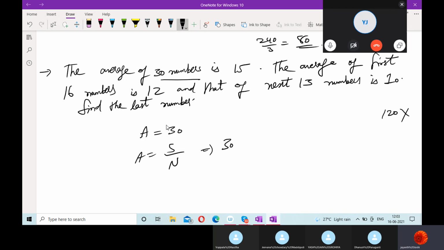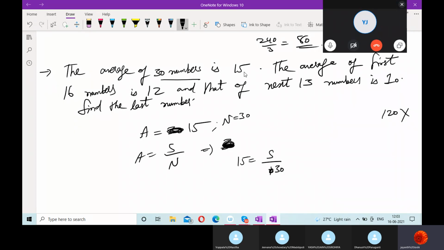Average 15 is equal to sum by 30 numbers.